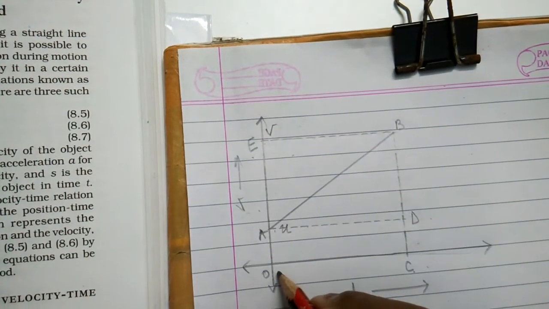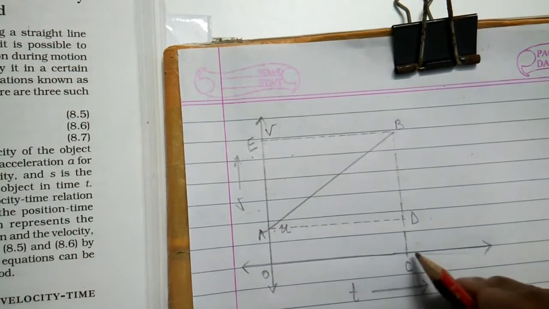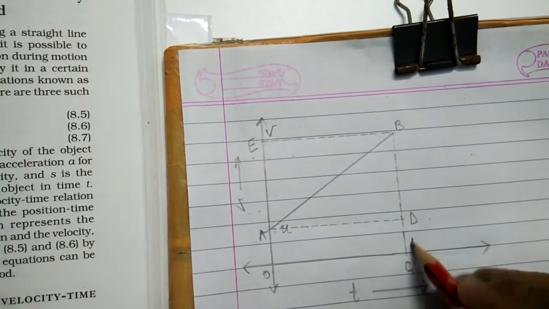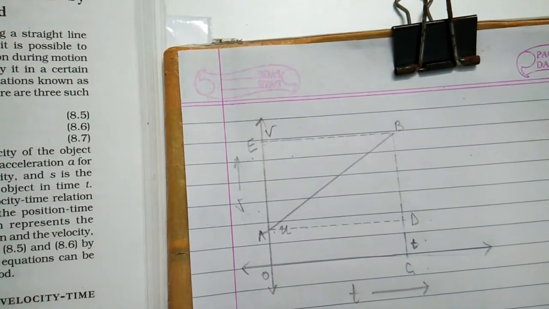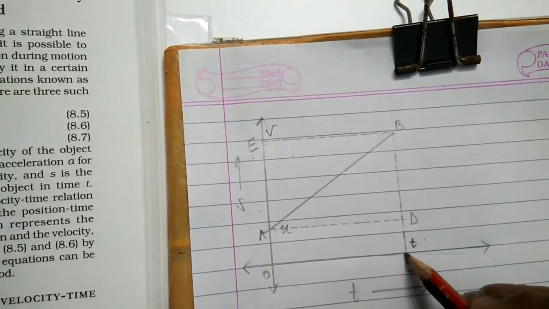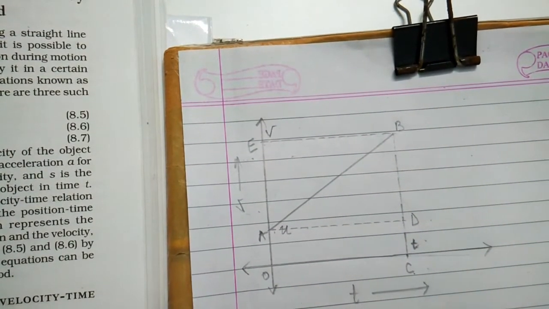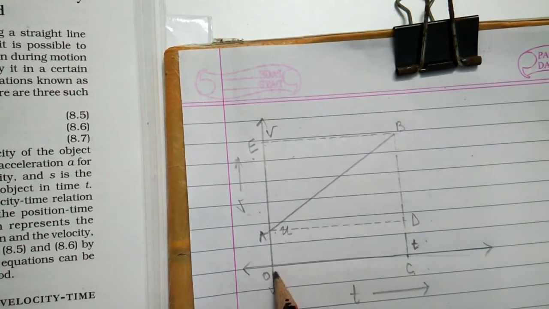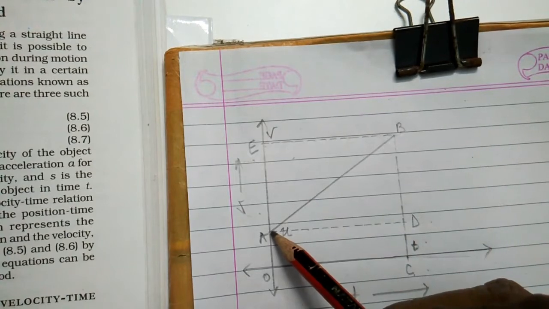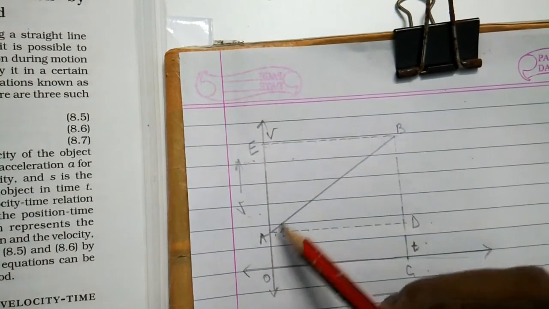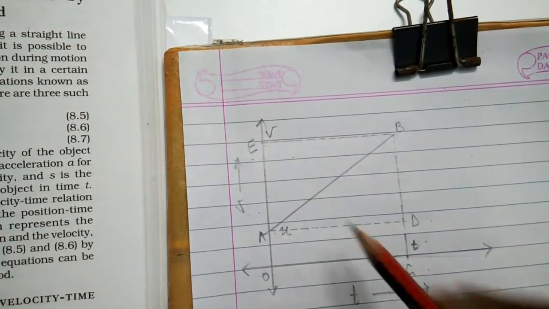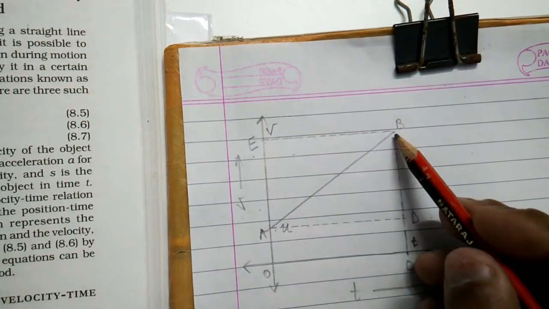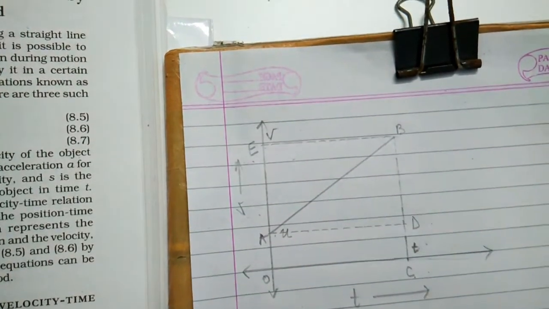And this is the time t at C. So we can determine within the time interval OC how much distance is covered by the object.